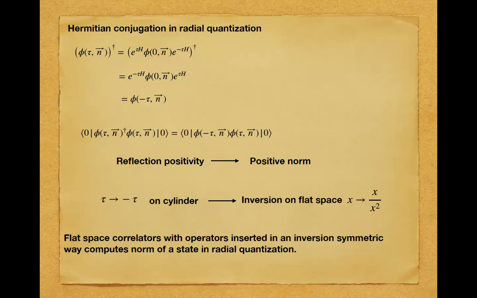In this quantization, you can see that the time evolution in our original coordinates in the flat space is basically the scaling operation. So the evolution is generated by the dilatation, not the Hamiltonian, because there it's the time translation.